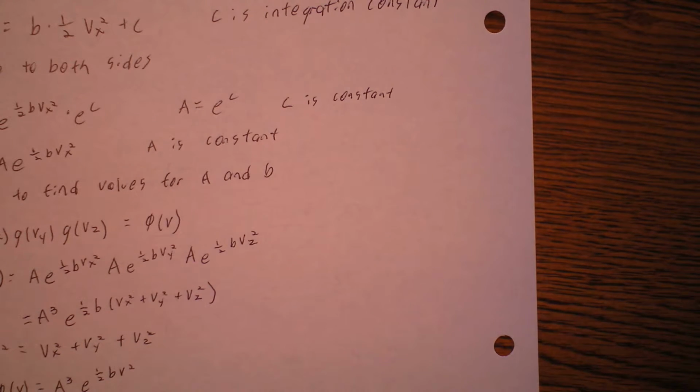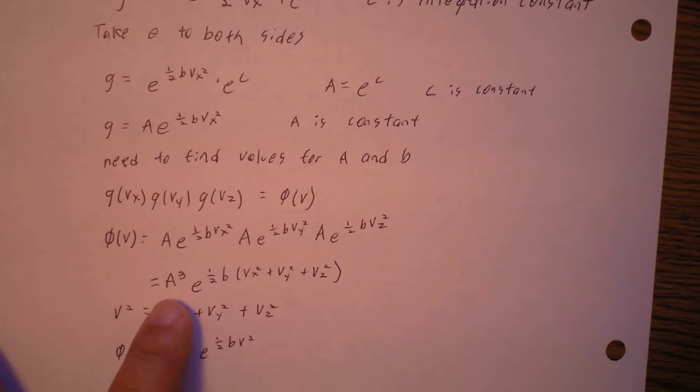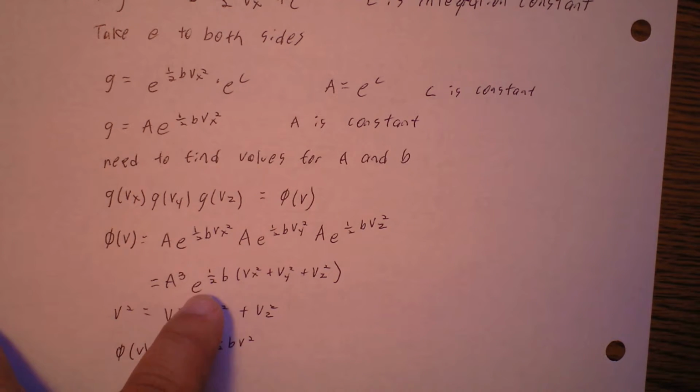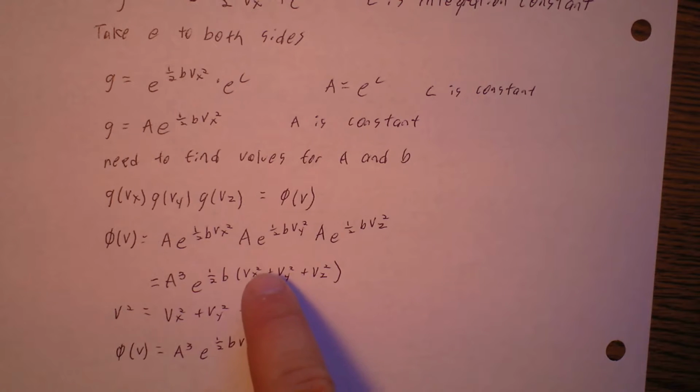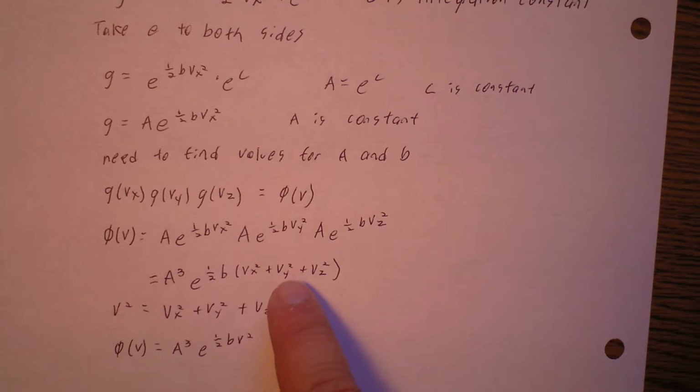Combining terms, what we've got here is that this phi of v function is equal to a cubed times e to the power of 1/2 times b times, you add the exponents. So you get the x component of velocity squared plus the y component of velocity squared plus the z component of the velocity squared.